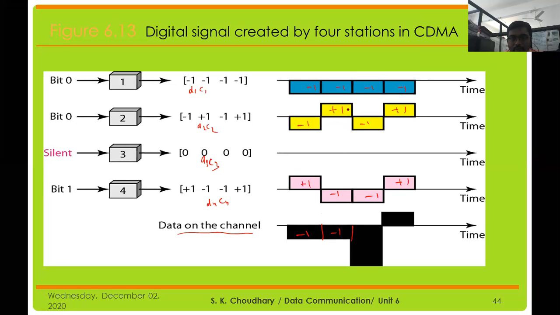Then in the third position, -1, -1, -1, that is -3, and then the last one remains +1. Okay. So in this way you can represent the digital signals created by these 4 stations, and this interpretation is far better to understand as compared to the representation of data only.